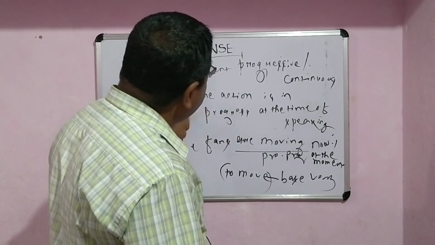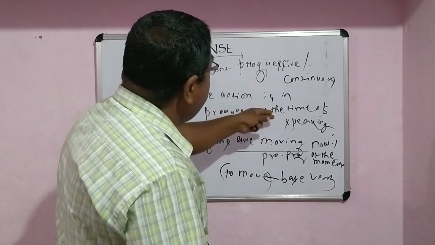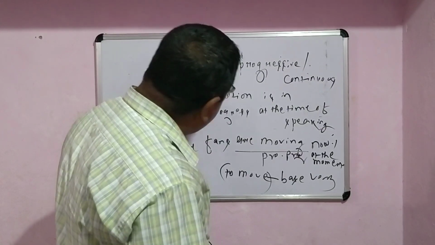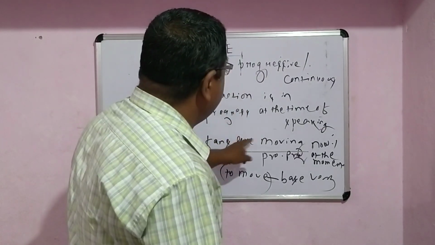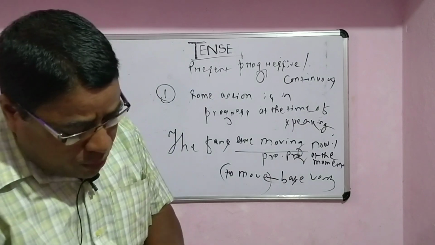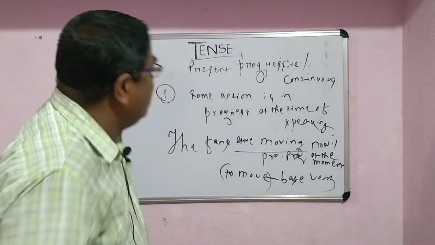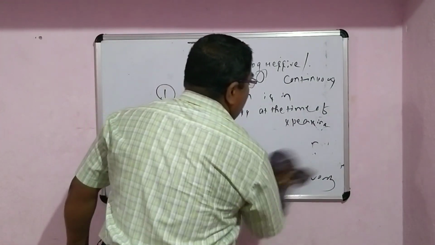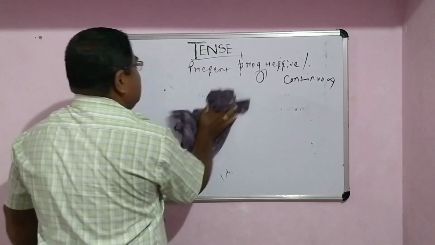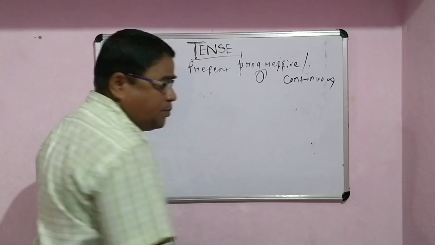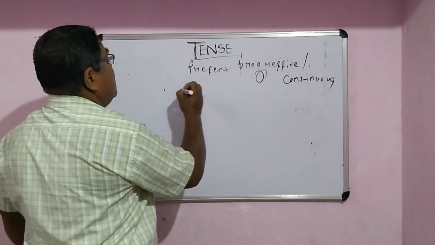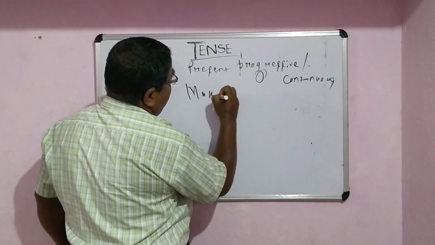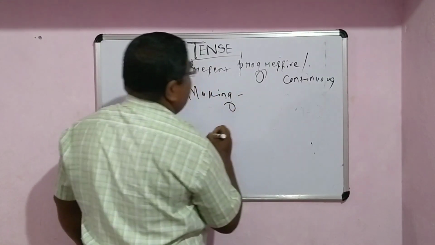So when the speaker says something, or at the time of speaking, if a certain action is continuing, we use present progressive. Then we have to see what the various forms of the present progressive are. That means the structure, or the making, of the present progressive. Just like the present simple, we also have the making of the present progressive.